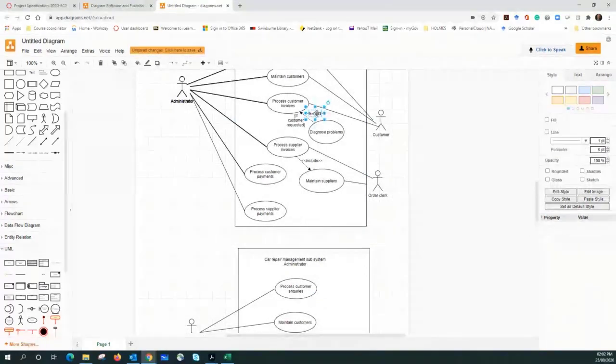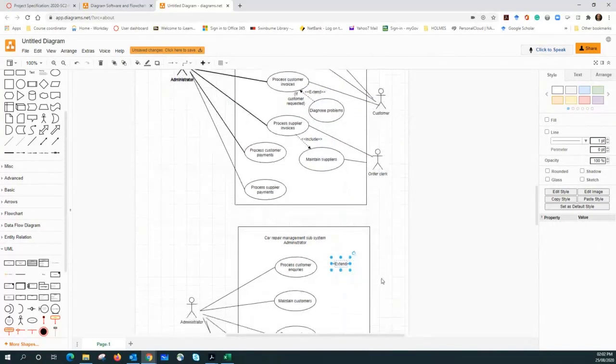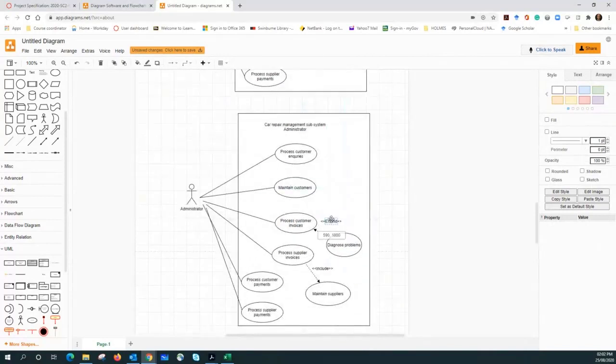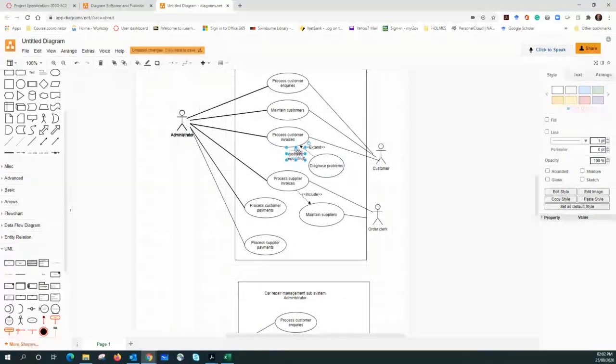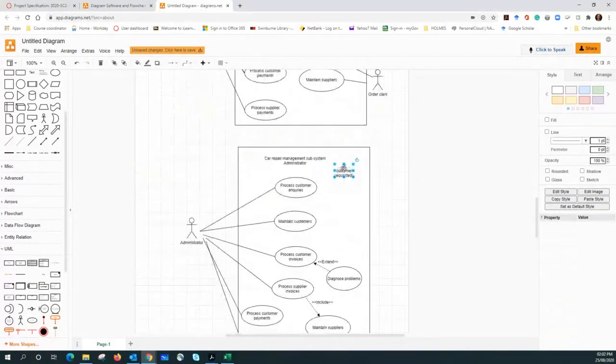Extend. Extend. And then you need to actually duplicate this as well.